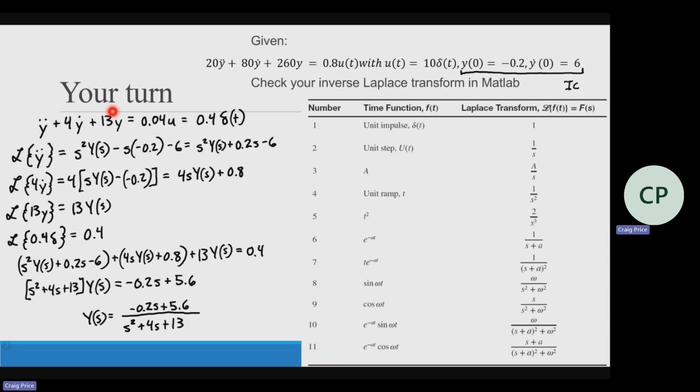But otherwise, it's good. These are both negative 0.2s instead of negative 2.